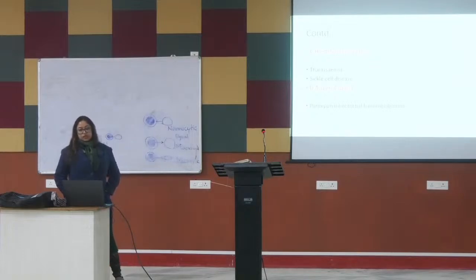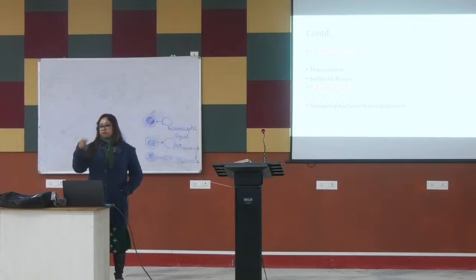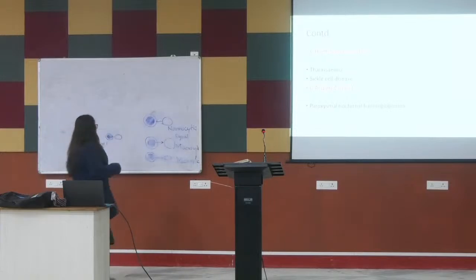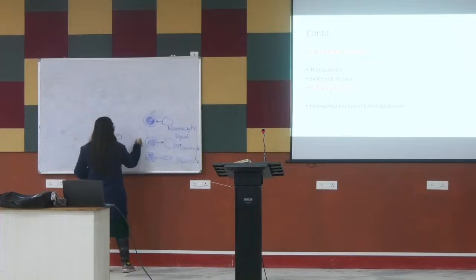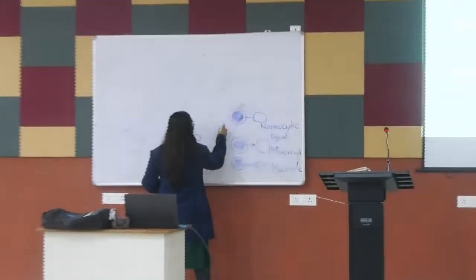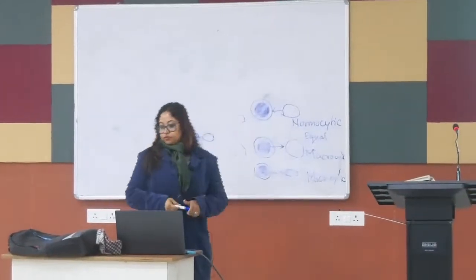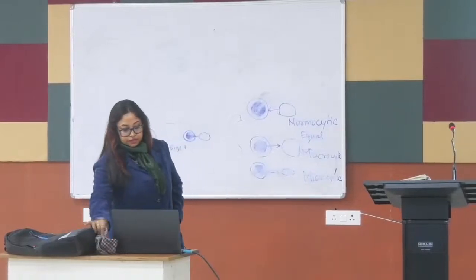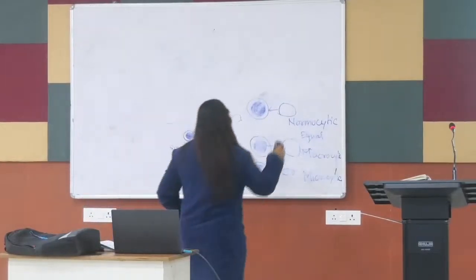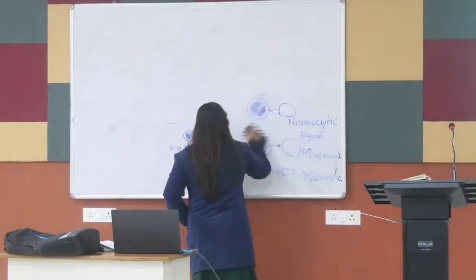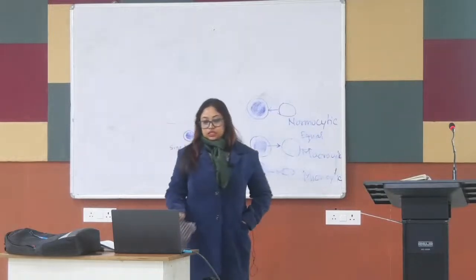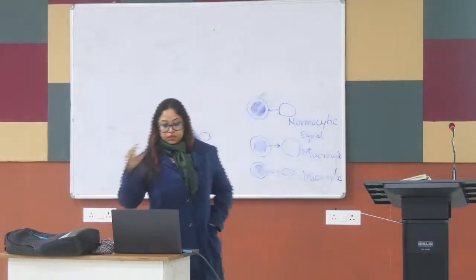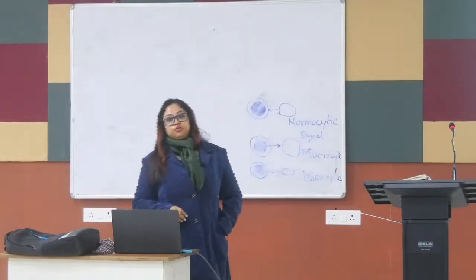In sickle cell disease, the RBC shape became like a sickle, a sickle-like shape. RBC became like this. Sickle cell disease. And number D, some other defect. Example is paroxysmal nocturnal hemoglobinuria again.